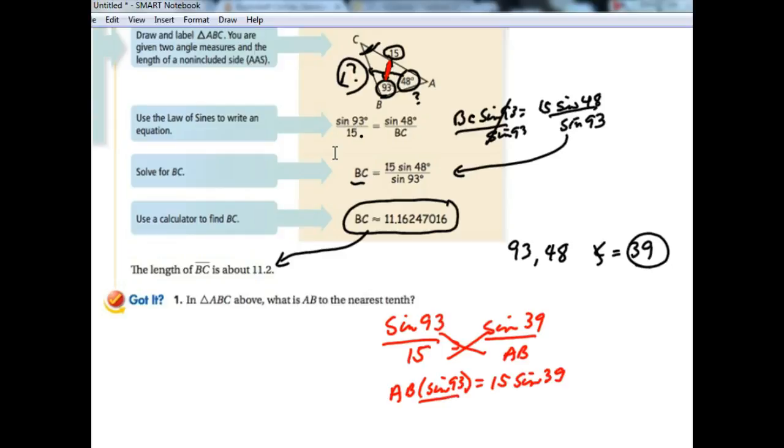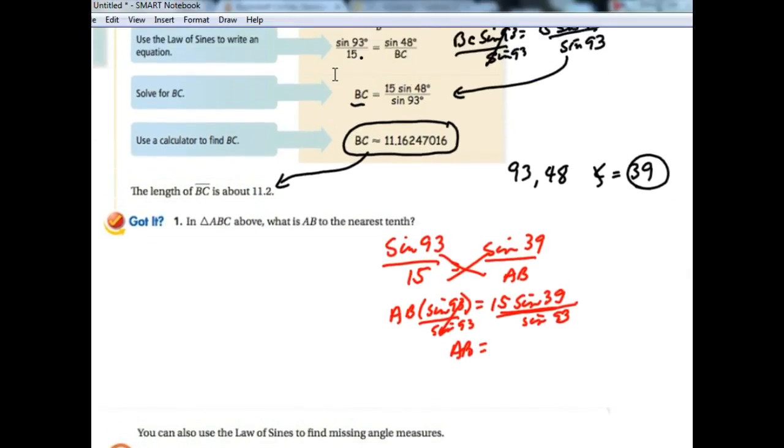I'm trying to get AB by itself, so if I divide by the sine of 93, I would get my AB by itself. So AB is going to be 15 times the sine of 39, divided by the sine of 93.